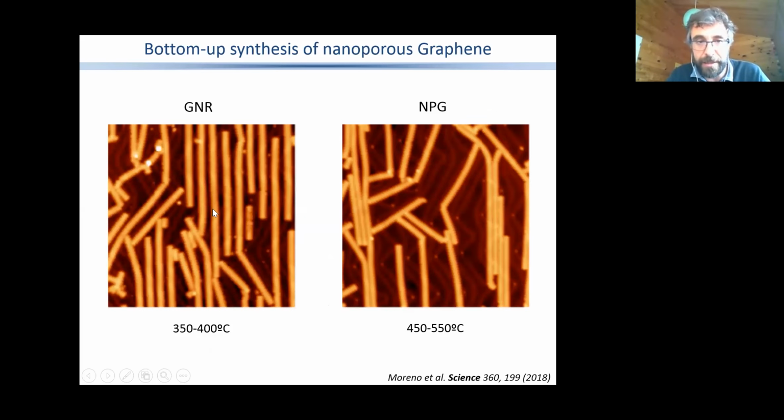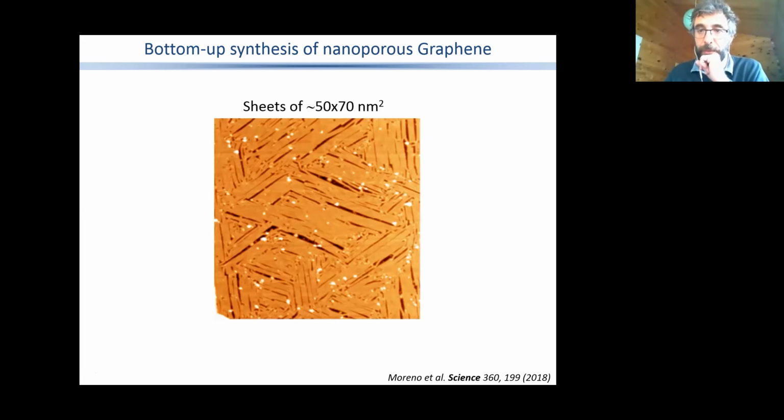So now I start from STM images of the nanoribbons. We increase the temperature to 450, 550, and we start to see how they couple together. We can do that with a more saturated surface, of course, and that's what we get. Okay, we have bunches of ribbons, spaghettis, that are coupled to each other.